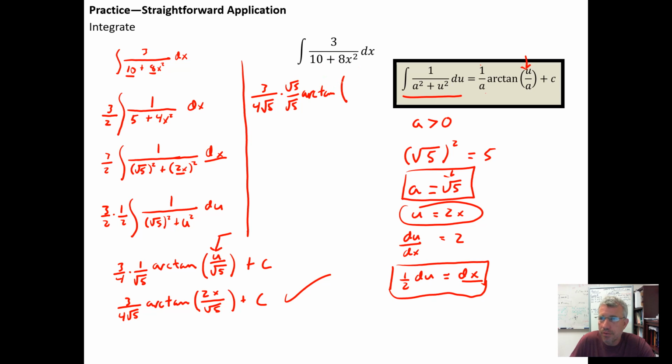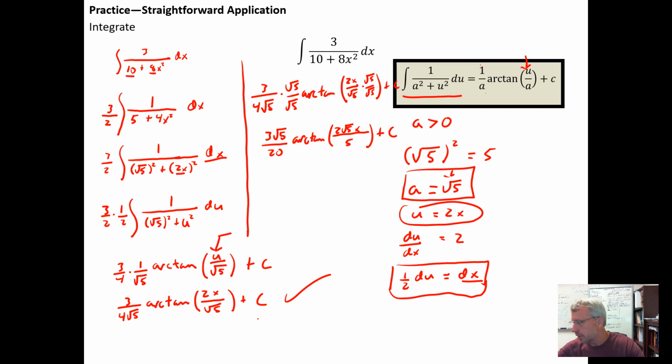Arctan of 2x over the square root of 5, and we can multiply this by root 5 over root 5 plus that constant, and if we did that, we would get 3 square root of 5, and we'd have 4 times 5 is a 20 in the denominator. Arctan of 2 root 5x in the numerator over 5 in the denominator. Again, I don't think there's any reason why we have to do that, but we certainly could if we wanted to.